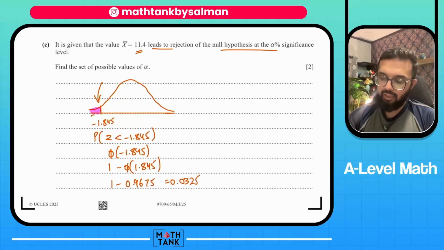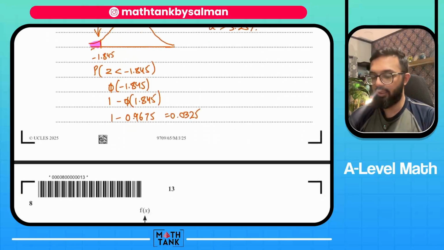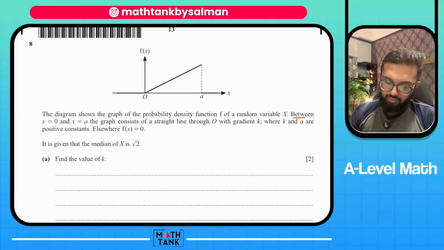So alpha has to be greater than 3.25% for my null hypothesis to get rejected. If it's anything less than 3.25%, it's going to get accepted. Okay, moving on to question number 8.